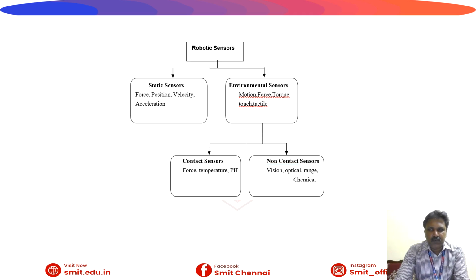Static means force, position, velocity, acceleration. Environmental sensor is nothing but motion, force, torque and touch and tactile. Then contact sensors: force, temperature and pH. Non-contact sensors: that is vision, optical, range and chemical.